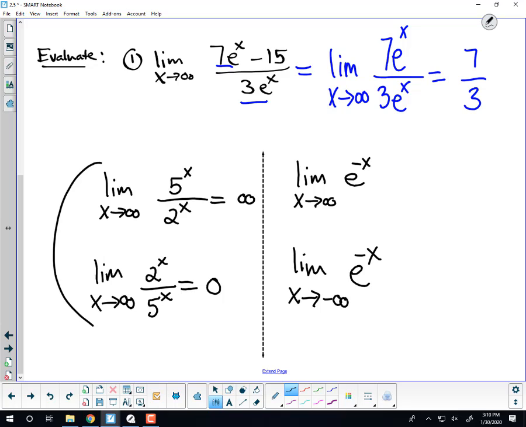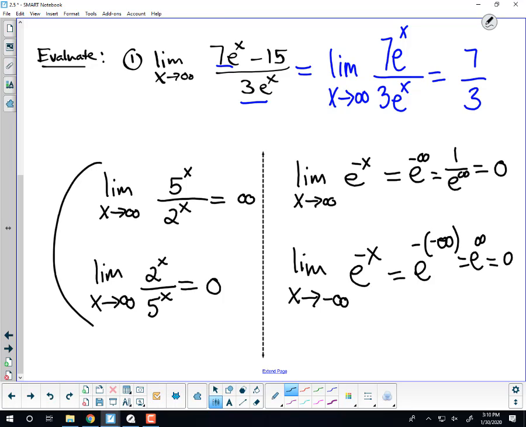Because e to a negative large number is 1 over e to a really large number. If you want to think of it this way, it's helpful. And this is e to the negative of the negative infinity, which is e to the infinity, which is infinity.